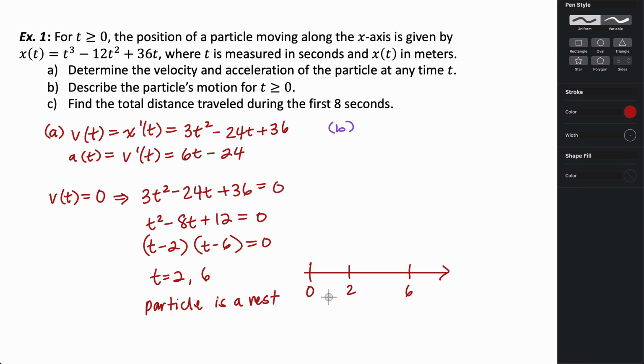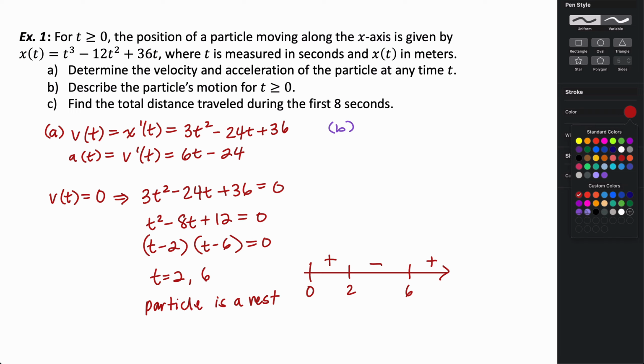For time equaling 1, if I plug in, 1 minus 2 is going to be a negative, and 1 minus 6 is going to be a negative. So a negative times a negative is a positive number. Picking a number between 2 and 6, let's say 3, that's going to be positive and that will be negative. So that means that interval is negative. For greater than 6, let's say 7, that's positive and that's positive. So on this interval, it's positive.